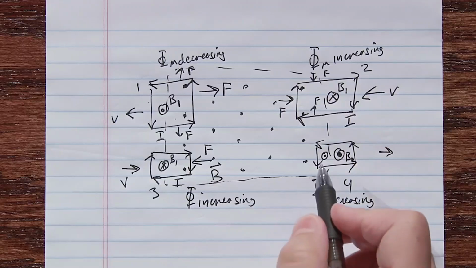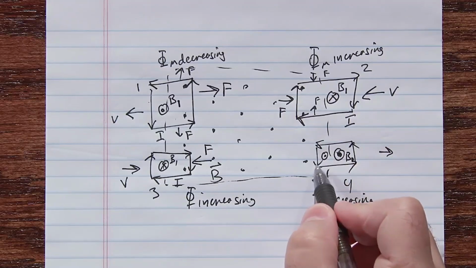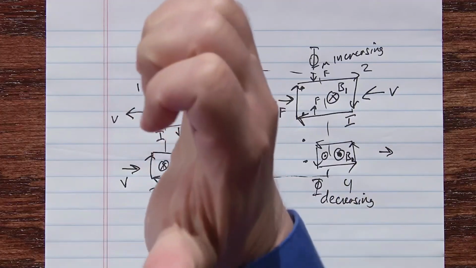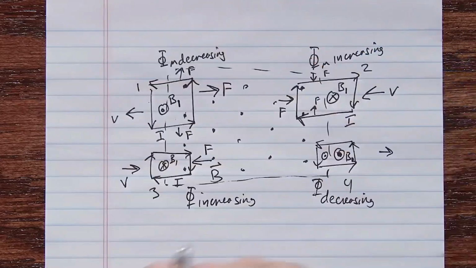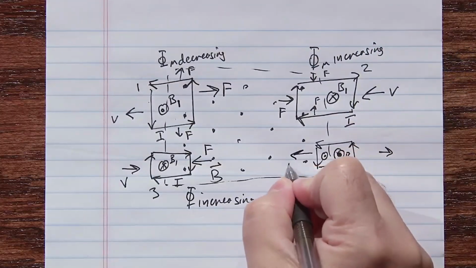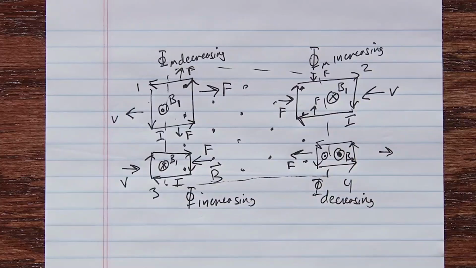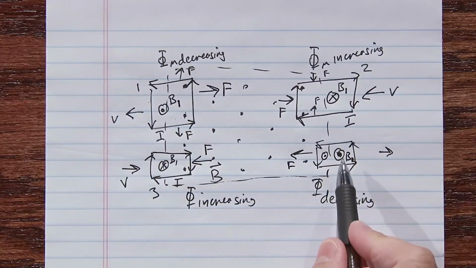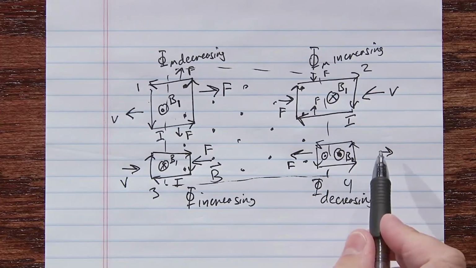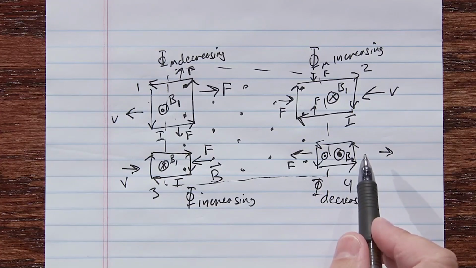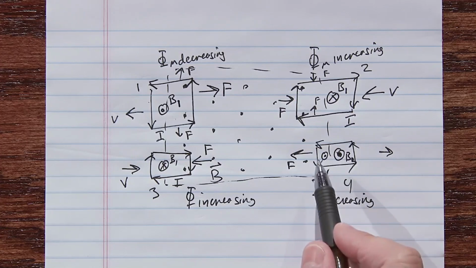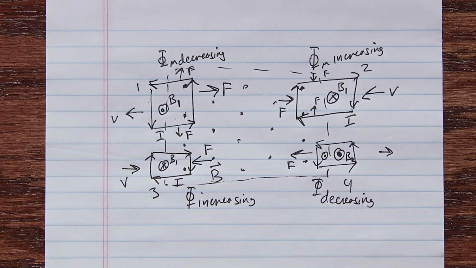And so the current is down right here. We have a current that's down, magnetic field out of the page. There will be a force to the left. So once again, as we try to pull this loop out of the magnetic field and decrease the magnetic flux through it, there is resistance. There is a force that is pulling to keep it in the magnetic field.